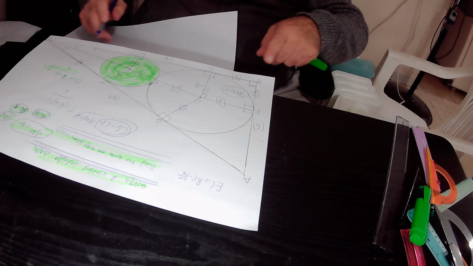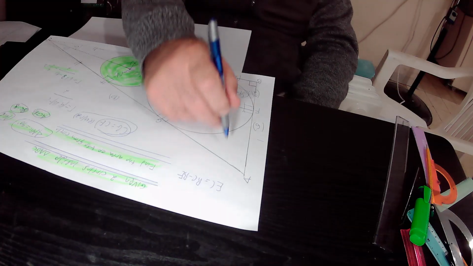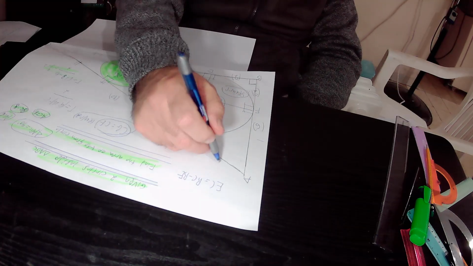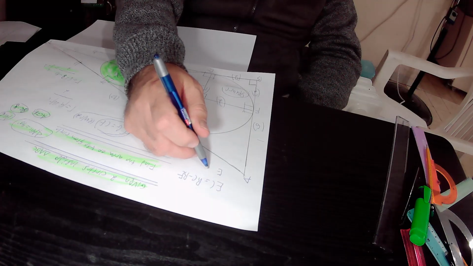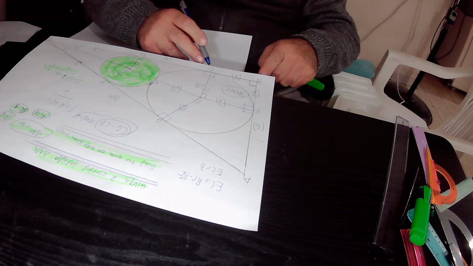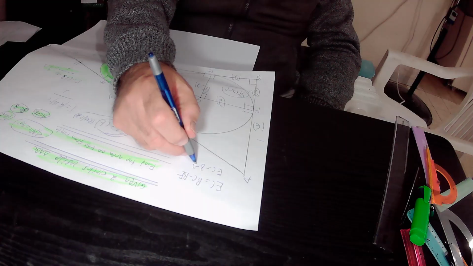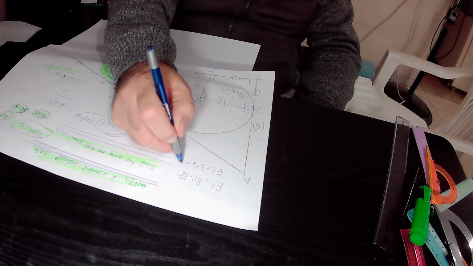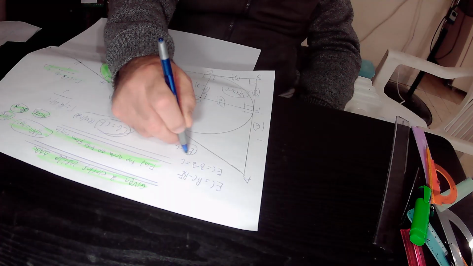BC is 8 according to what is given in the question, minus BE, that is 2. So in total EC equals 8 minus 2, that is 6. EC equals 6 units in length.